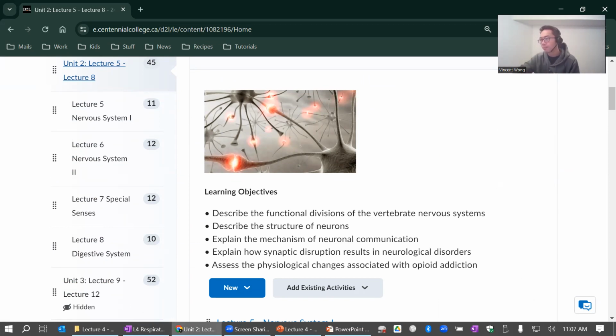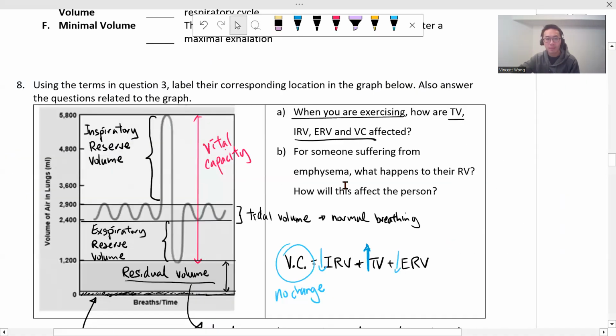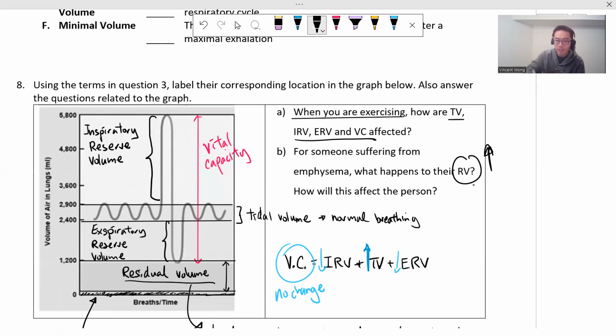Can we still do part B of the draft question in the exercise? Oh, the emphysema one. Yes, sure. For someone who suffers from emphysema, what happens to their RV? As I was saying in the PowerPoint, their residual volume is going to increase, because they have all these big pockets, all this empty space in the lungs.